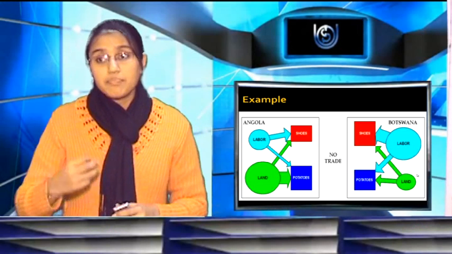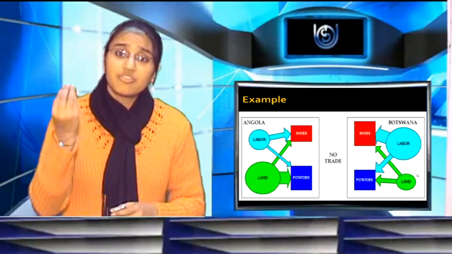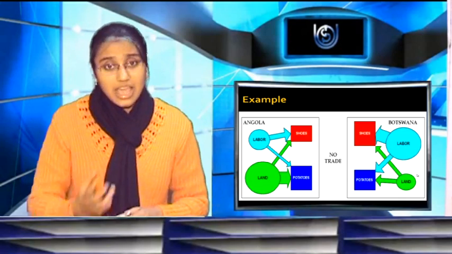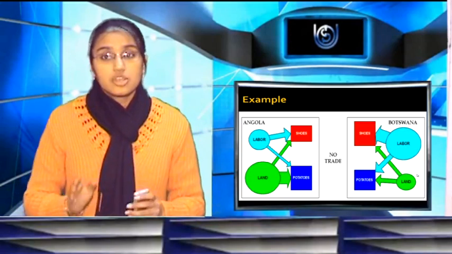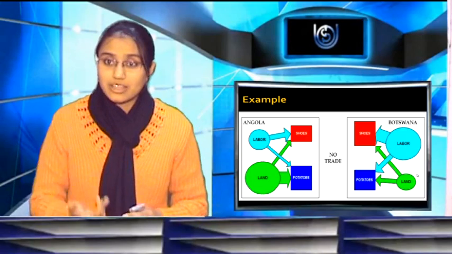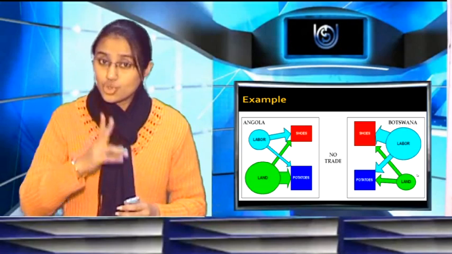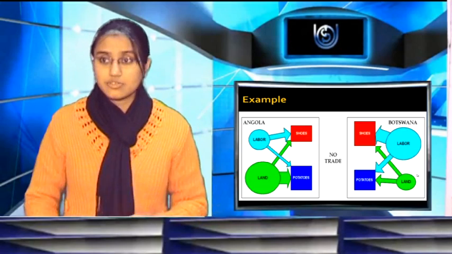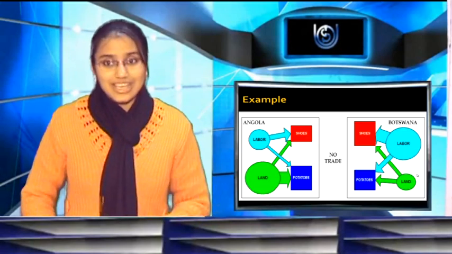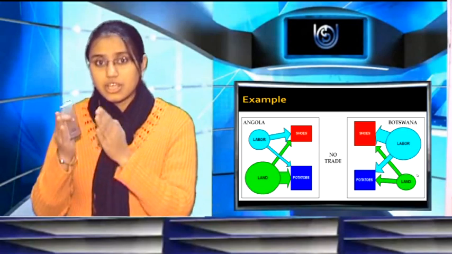That means country B is good in labor-intensive technique, and country A is good in capital or land-intensive. So there is no trade, although they deal with the same two products, shoes and potatoes. So that is two countries, two goods, two factors. So this is the example. Initially there is no trade between country A and country B.